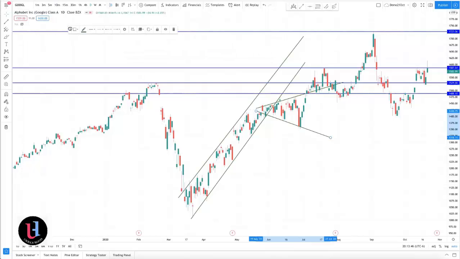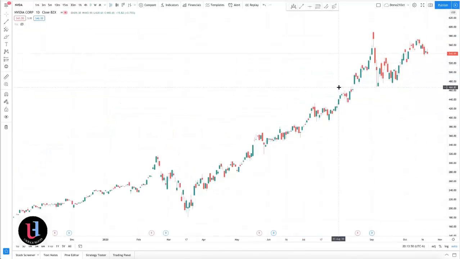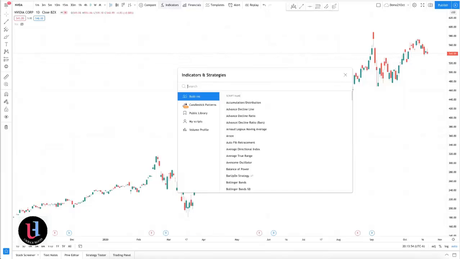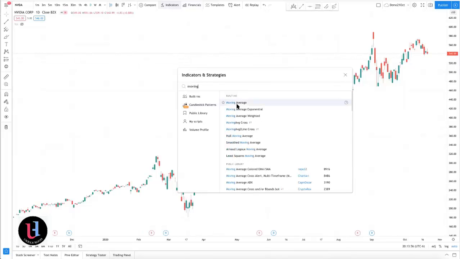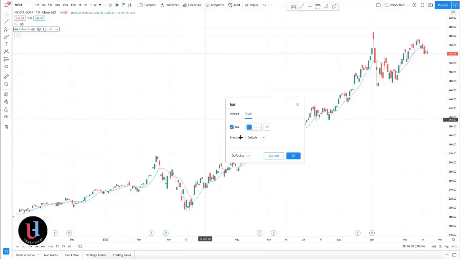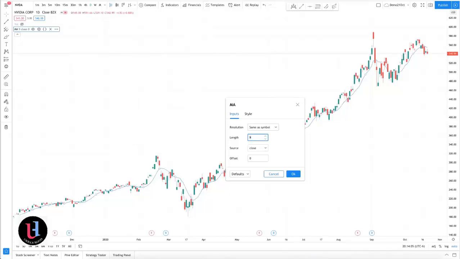For example, let me show you this NVDA chart here. I will add an indicator and say moving average. And here I'll change it to a 20-day moving average.